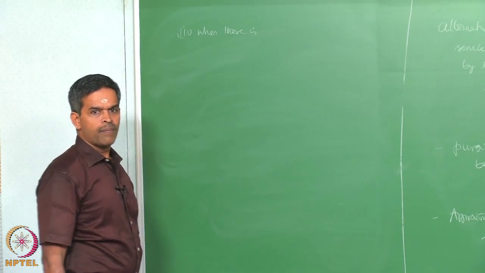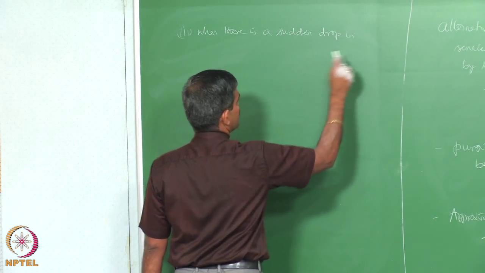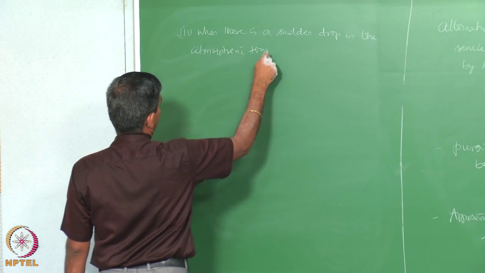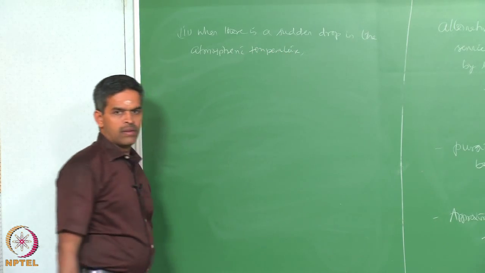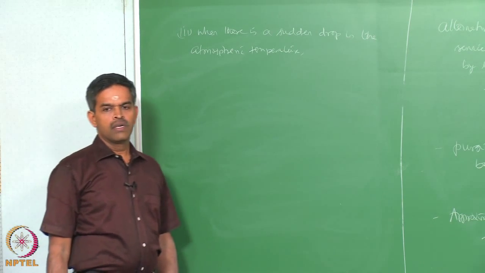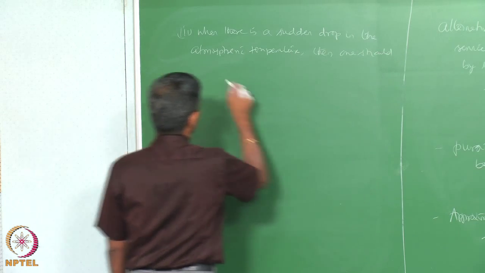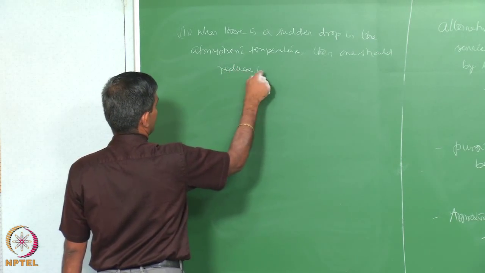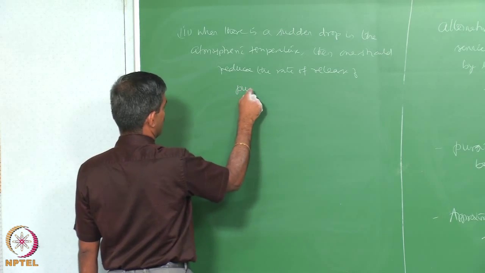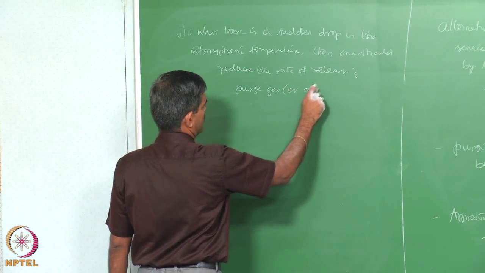When there is a sudden drop in the atmospheric temperature, which may cause thermal currents, then one should reduce the rate of release of purge gas or air, whatever may be the case.